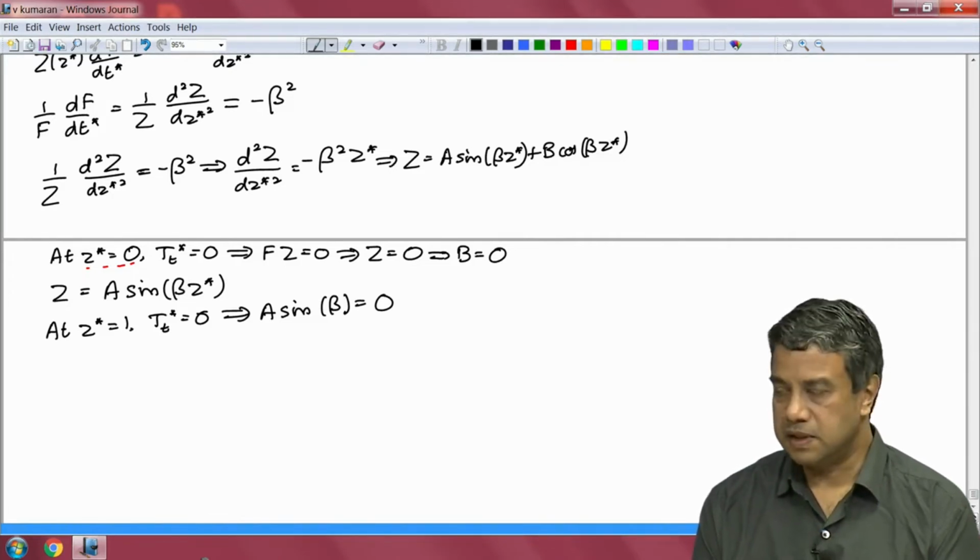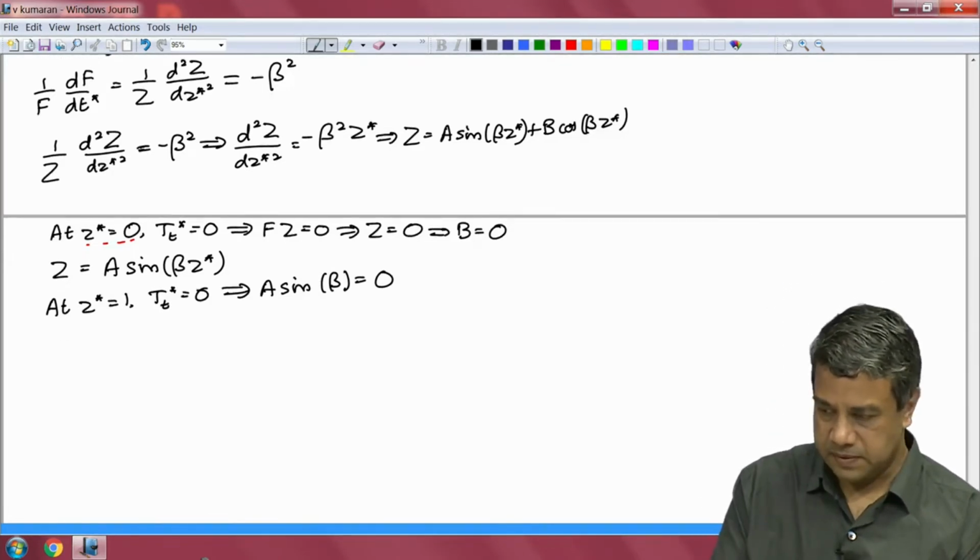The other possibility is that sine of beta equals 0.